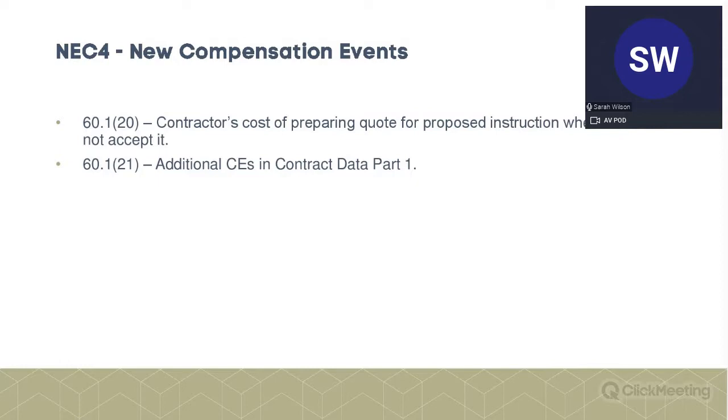So do be careful with that. So we've now got CEs in clause 60, also in the contract data part 1, also potentially in the Z clauses, so the amendments to NEC, and finally, there are some compensation events in the optional X clauses as well.